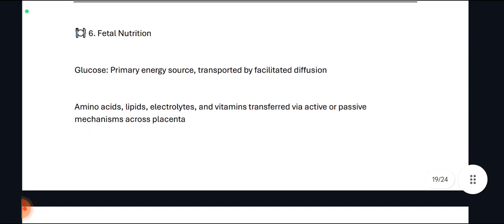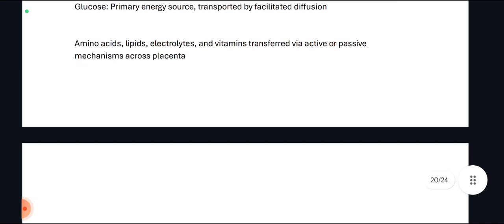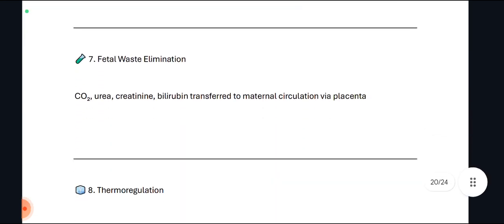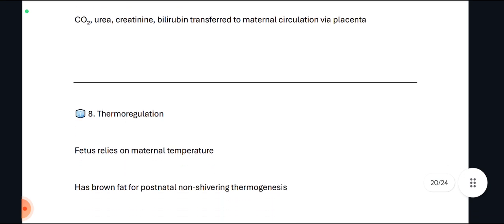Now some points about fetal nutrition. Glucose is the primary energy source, transported by facilitated diffusion. Amino acids, lipids, electrolytes and vitamins are transferred via active or passive mechanisms across the placenta. Fetal waste elimination: CO2, urea, creatinine, bilirubin, these all are transferred into maternal circulation via the placenta.